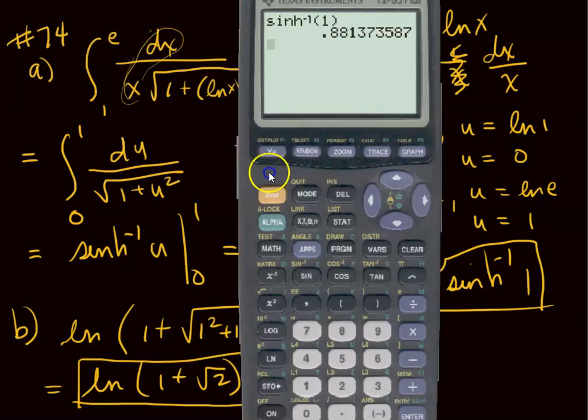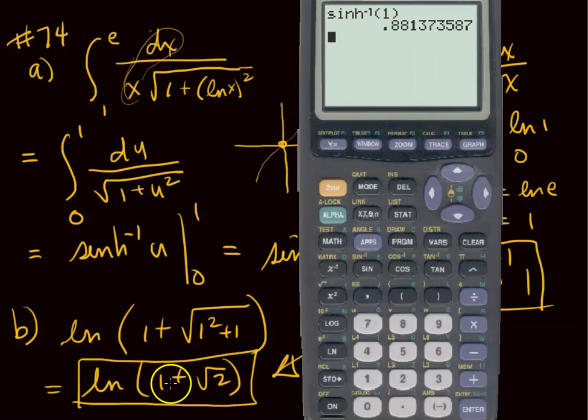So what is then the natural log, ln, of 1 plus the square root of 2? Close the square root, close the natural log. Boy, it looks pretty much the same. Interesting.